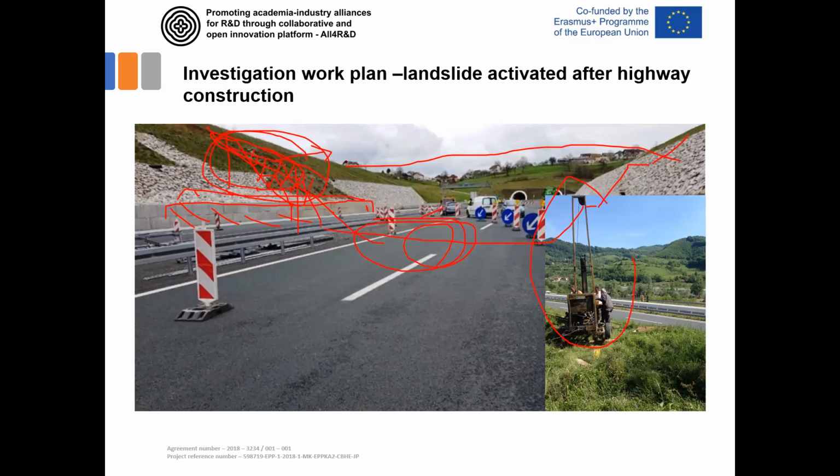If we performed boreholes before, from here or from here, then maybe we don't need additional information. We just need to do some kind of back analysis to investigate why the failure occurs and to try to design some remediation measure to prevent additional sliding of the ground.